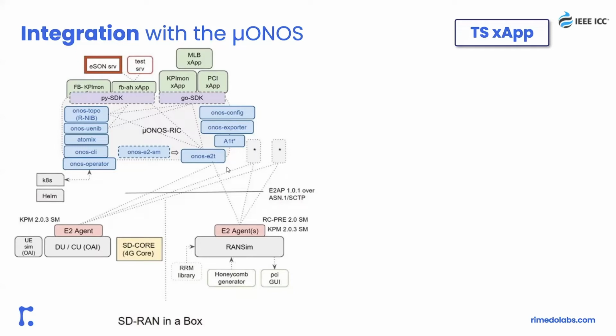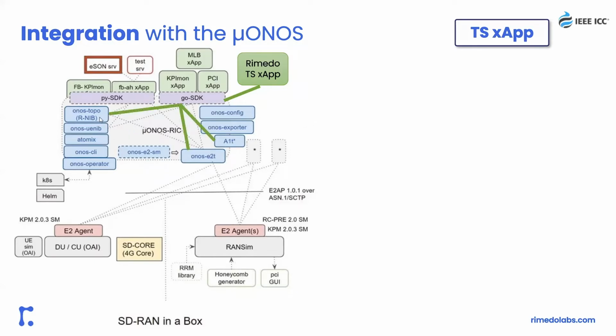And then we can deploy also our Rimedo traffic steering xApp from the same Helm chart. And this application is made like this. It connects through Go SDK to these components.